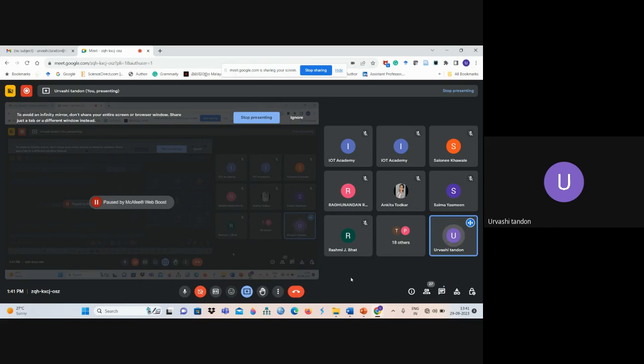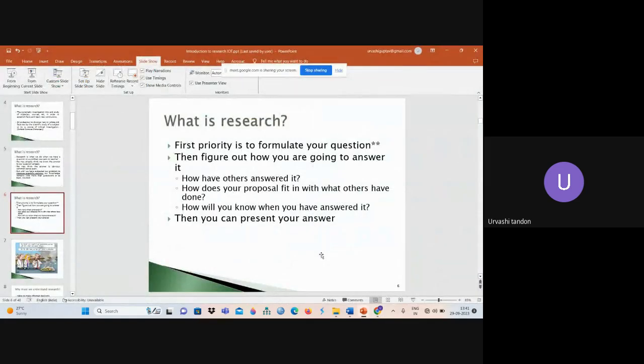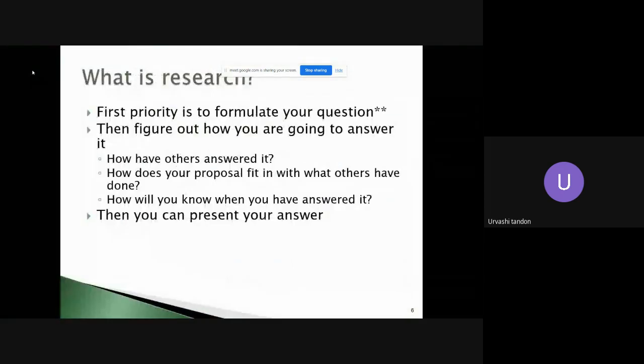So this is something which happens in our research also. When we don't know what the question or the problem is exactly, we move left, right, and without coming to conclusions, we just land up in trouble. So the first priority is always to formulate your research question, which is very important.